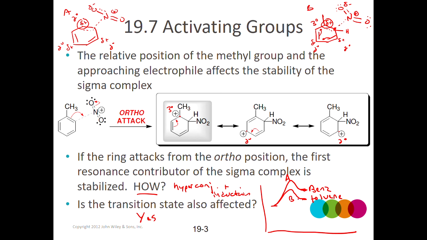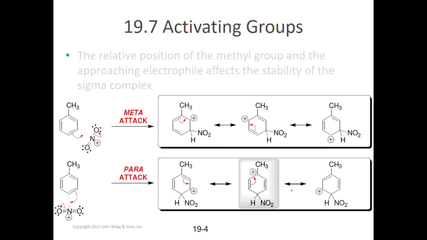So let's take a look at the pathways for the meta and para attack. If this carbon starts to form a new bond with the nitrogen there, we're looking at the meta position starting to connect. So we would want to look at what the transition state looks like. Again, we would have this bond breaking, the new bond forming, some partial charges forming here and here.